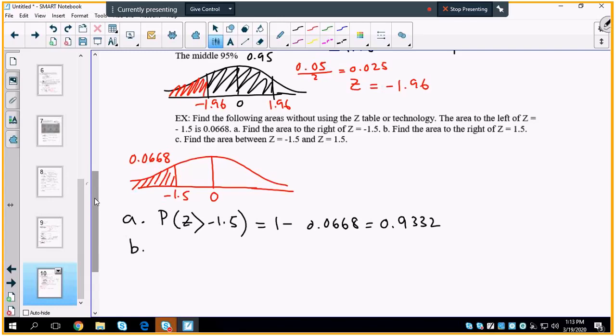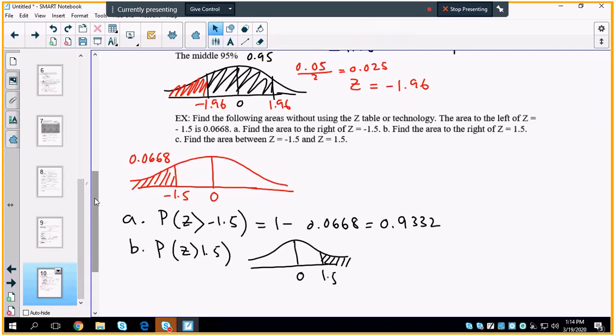The second one is asking you to find the area to the right of z equal to 1.5. So I want probability z greater than 1.5. Let's draw this picture. Because the mean is 0, 1.5 is on the right, and I want even further right. I want this area. Think about the symmetry.